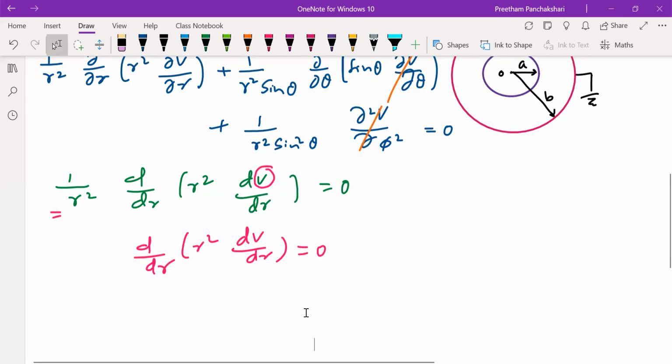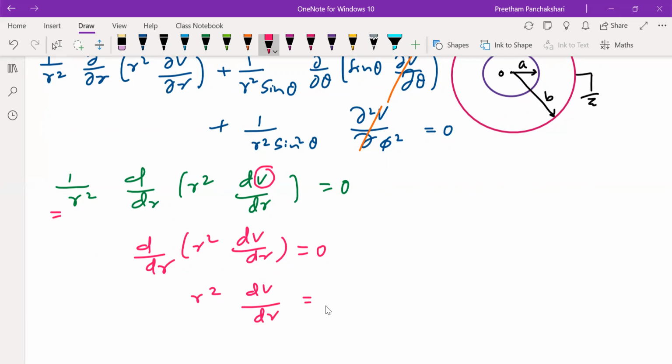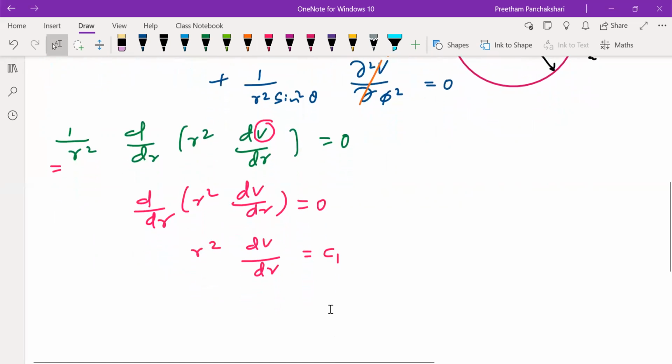To remove the differentiation from left hand side, we shall integrate on both sides. So after integration, left hand side, we have r square into dV by dr. The right side, integration of 0 is 0 plus the constant of integration c1. c1 is any arbitrary constant.